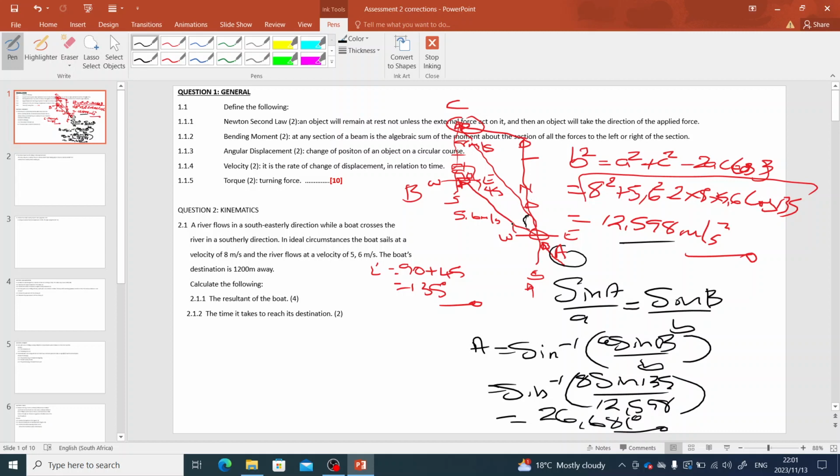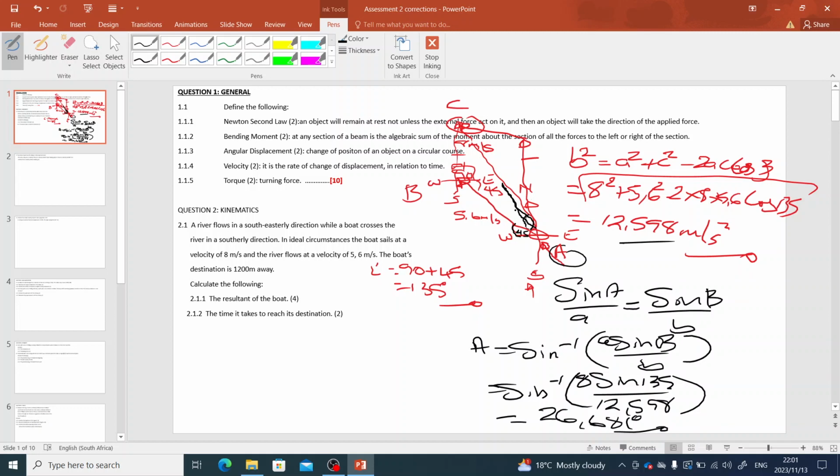Now, let's check this. The resultant, remember from this vector to west, it is 45. Now, the resultant occurred within the other 45 degrees. Remember, I said that whenever we deal with our resultant and the projection of our vector diagram, we always work from the 90 perspective because our quadrants are made up of 90 degrees. This is our resultant.